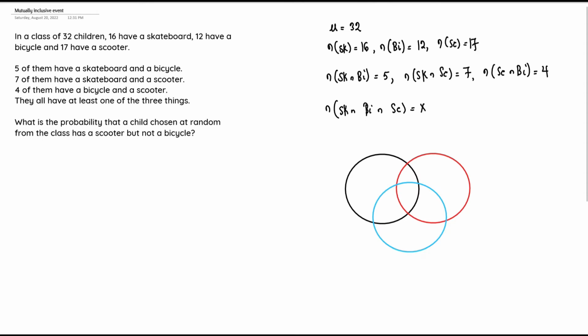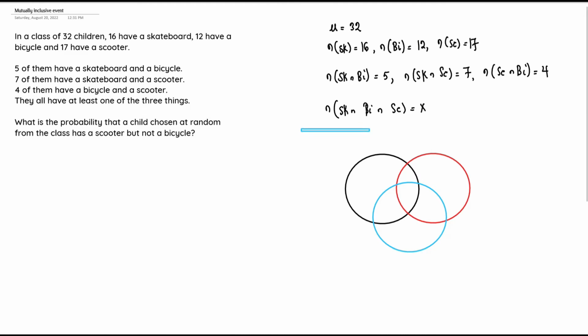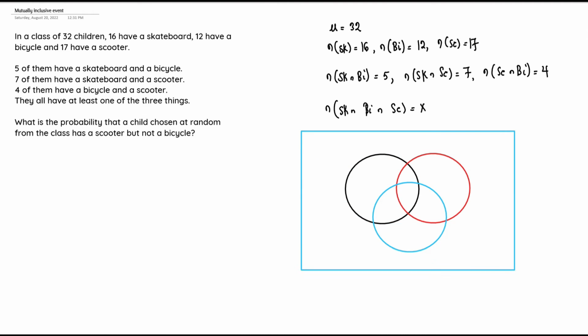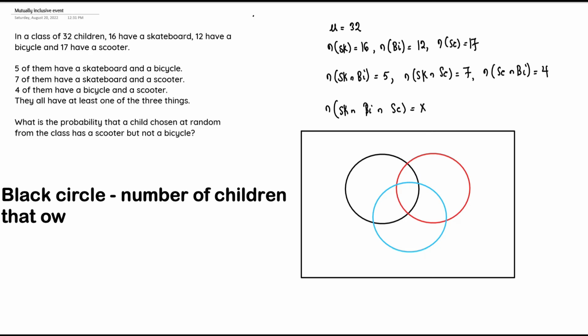So that being said, we need a rectangle. The rectangle represents the universal set, so we have to draw a big rectangle right here, and then it gets to black. All right, so the black circle represents the number of students that own a skateboard, so we have skateboard right here.